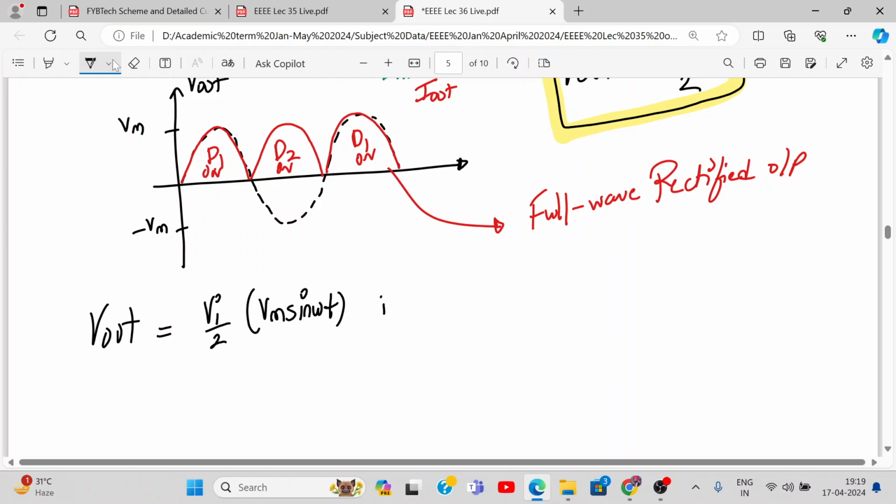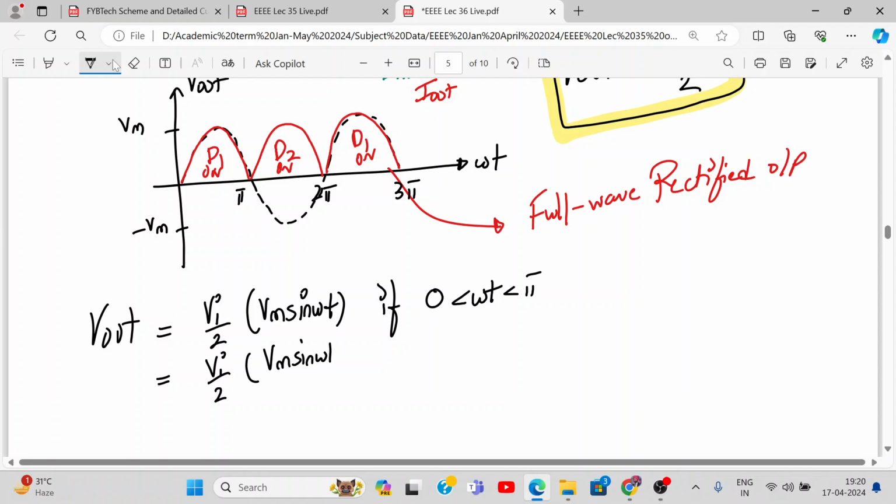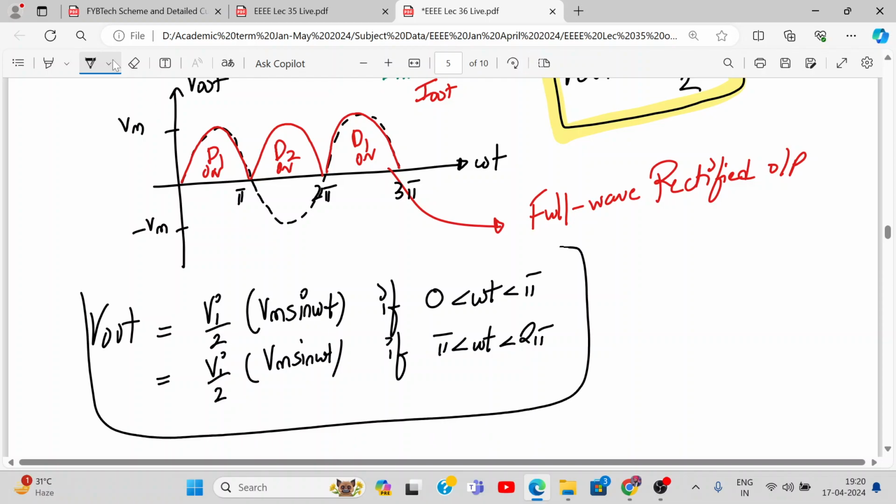If this is pi, 2 pi, 3 pi, repetitive, so from 0 to pi, it is Vm sin omega t, and again from pi to 2 pi, again it is Vm sin omega t. So all the period it is Vm sin omega t.